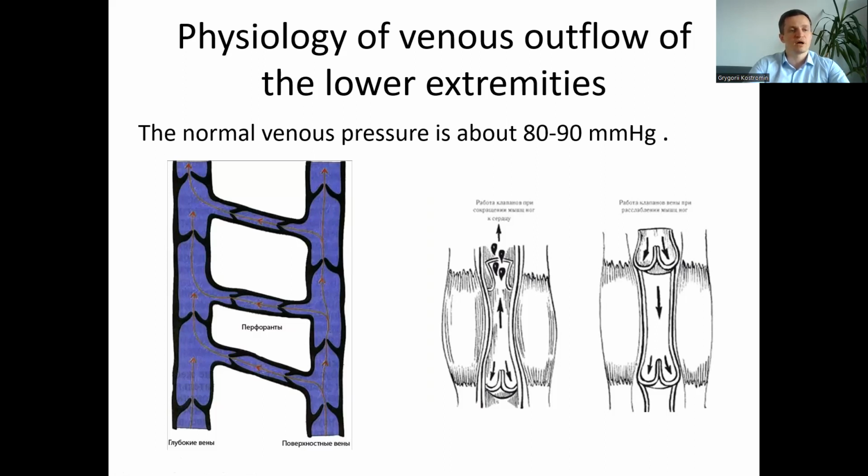As a result, blood is pushed in a central direction, and normally functioning valves prevent its return. Deep and subcutaneous veins become empty and the pressure in them decreases to 30 millimeters of mercury and less.